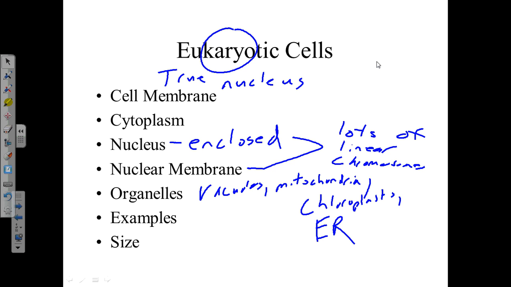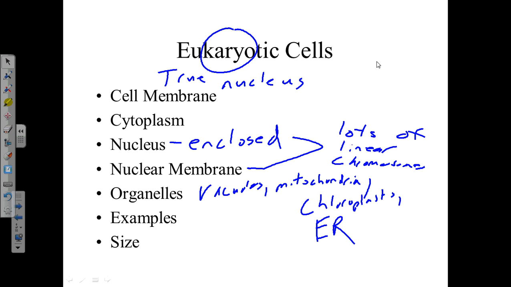It increases the efficiency. Each job, the jobs all get divided up. Each piece, each organelle becomes really specialized at doing a certain job, and that makes the cell work better as a whole. That's the advantage of having an organelle. It's about dividing up the work and specializing, increasing efficiency. That's what makes our cells a little bit better.